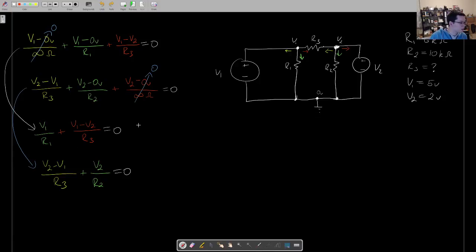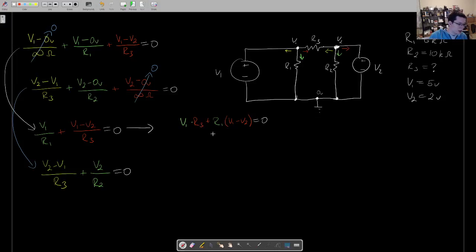For this guy, we're going to multiply through by R1 times R3, and we're going to have V1 times R3 plus R1 times V1 minus V2 equals 0.